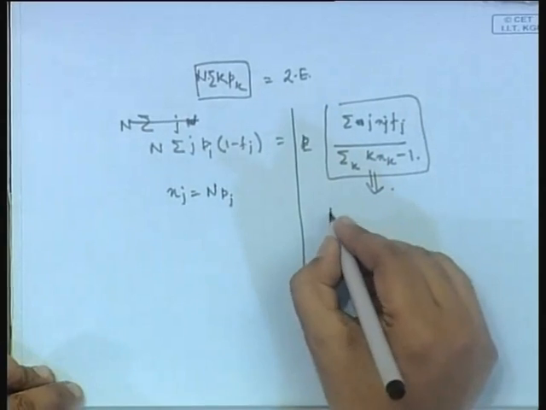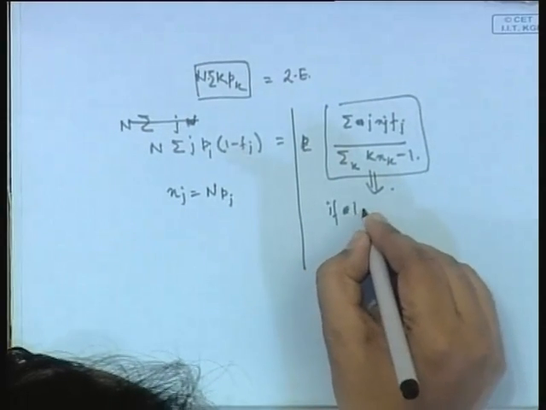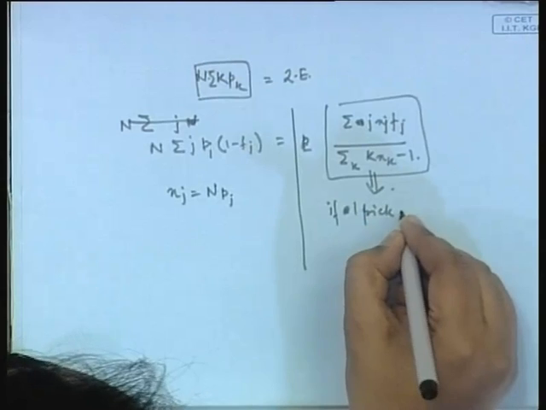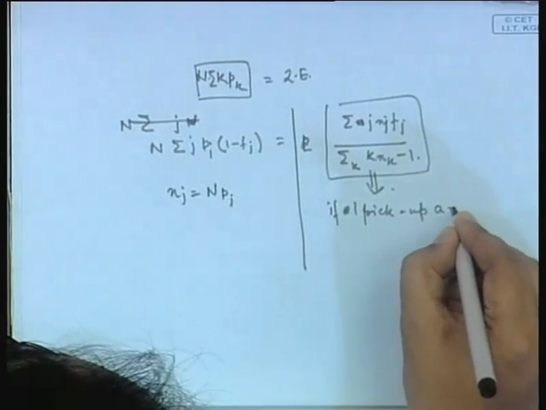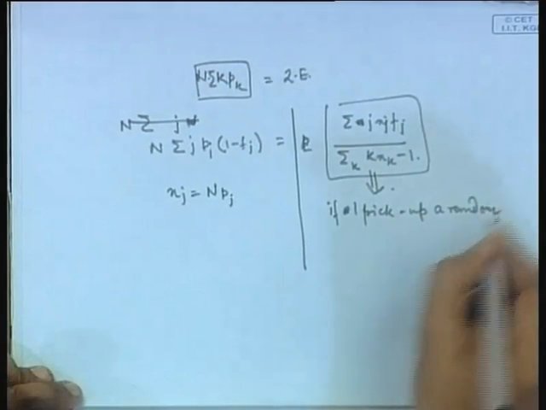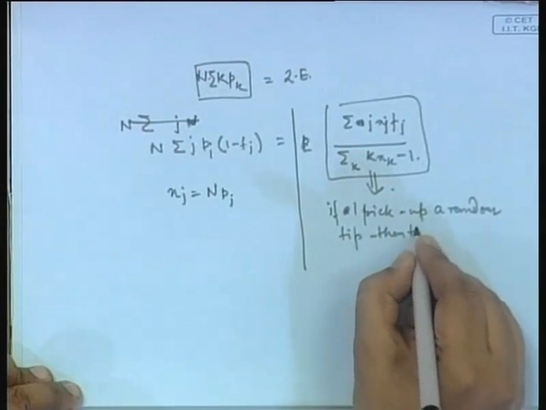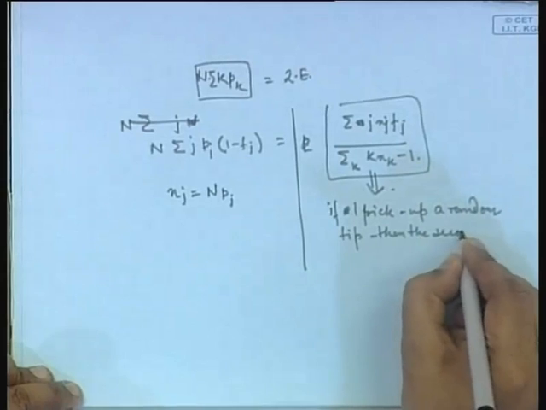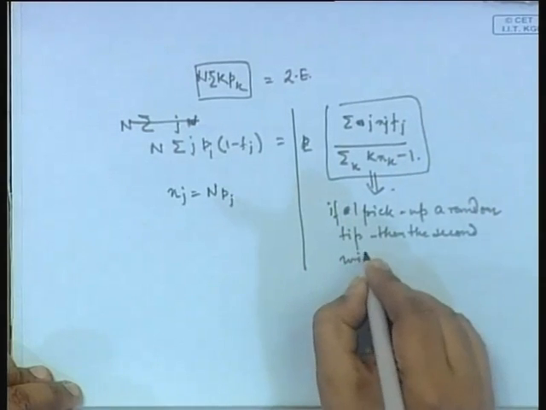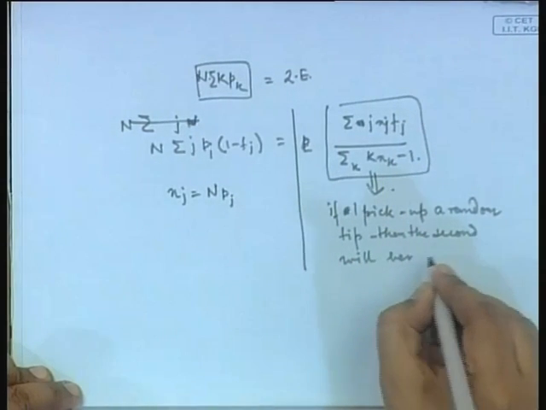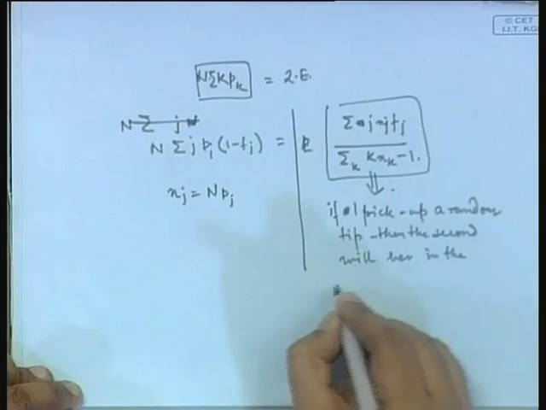Now, if I pick up a random tip, then the second tip will be in the removed set.